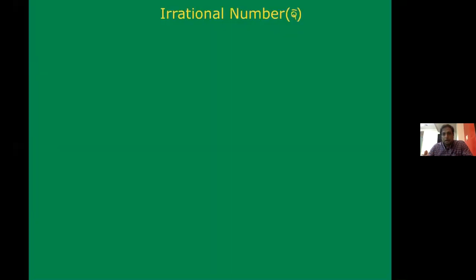So I can say root m or root n is an irrational number if root m or root n is not an exact number. Similarly, cube root 3 or cube root m is an irrational number if it is not an exact number.